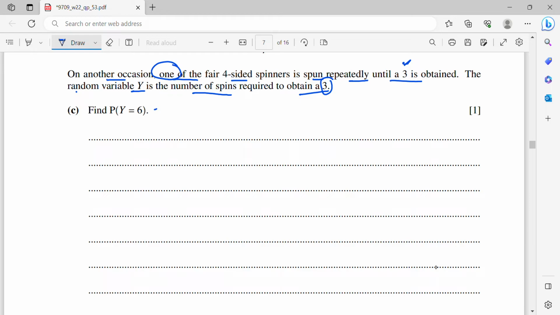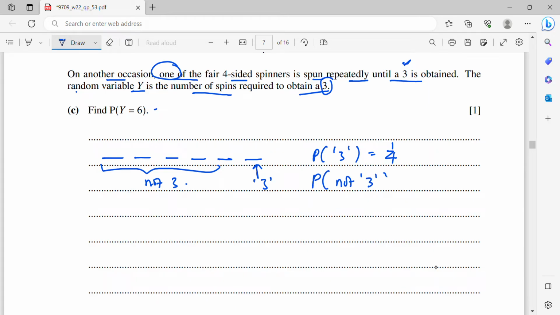So that means I will draw 6 lines. 1, 2, 3, 4, 5, 6. This is to get number 3. Then all these 5 are not number 3. So to get number 3, the probability is 1 over 4. So not 3 means 1 minus P(3), which is 1 minus 1 over 4, I'll get 3 over 4.